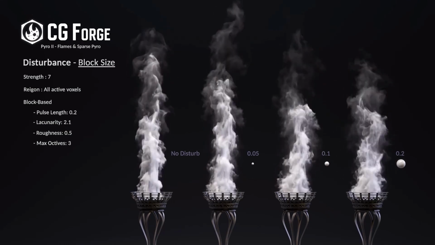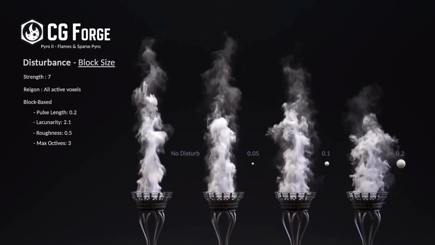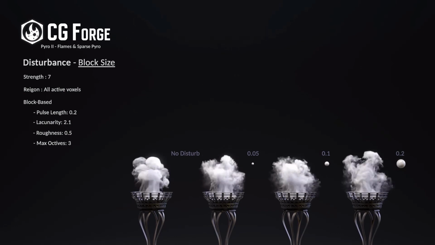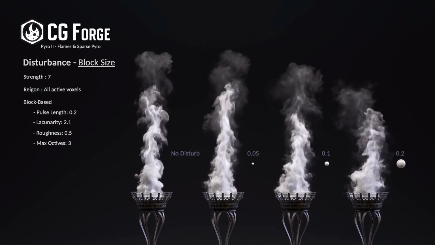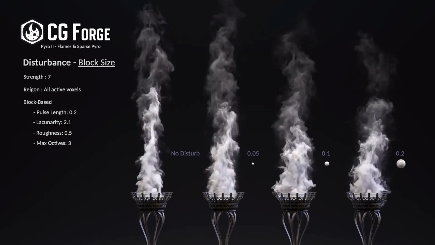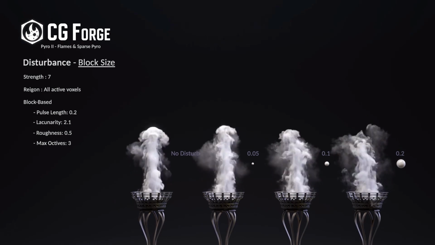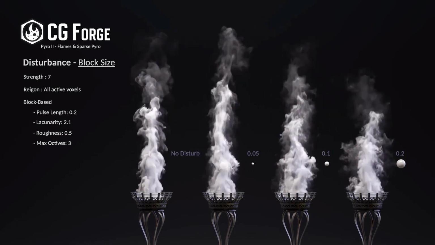So remember how I said that the scale matters? Well, this is exactly why. When you go to your microsolvers, you want to have some sort of reference like this, which you can find for free, by the way, on Vimeo. And you want to be able to match the particular values with the look that you like.